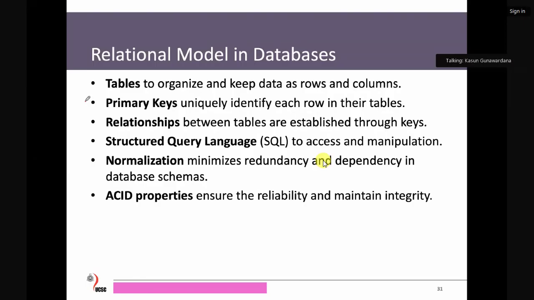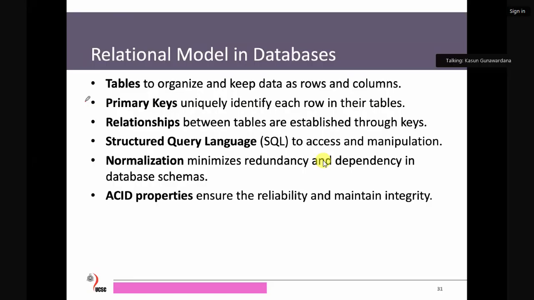So ACID properties: relational databases adhere to ACID properties. We did this in the first lecture, I guess. ACID properties: atomicity, consistency, isolation, and durability. That is what we define as ACID.